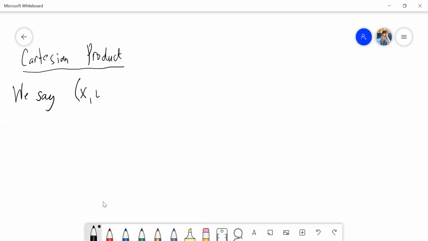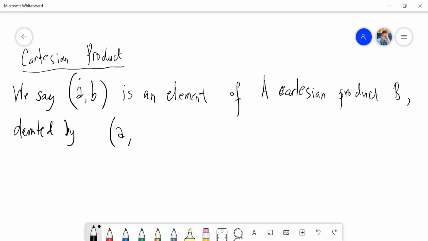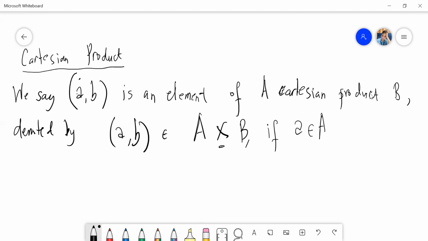We say that the ordered pair (a, b) is an element of A Cartesian product B, and we denote it by A cross B, if the first entry of the ordered pair is an element of the first set, and b is an element of B. So the first entry in the ordered pair is an element of the first set.